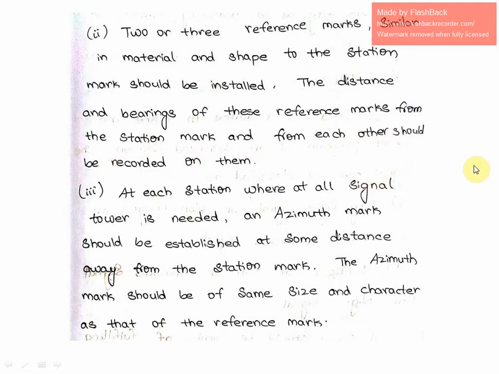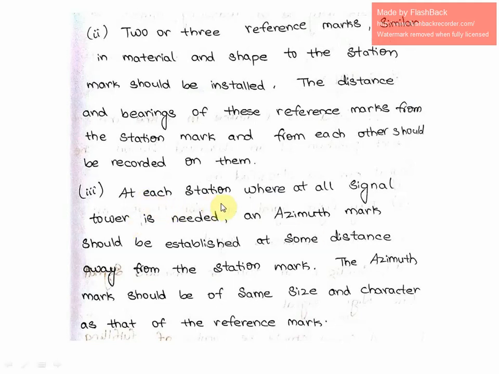Consider here, if there is one station mark and another two or three, when you take reference of these points, you have to mark on each station from which stations you are taking the references, and which stations are interconnected.